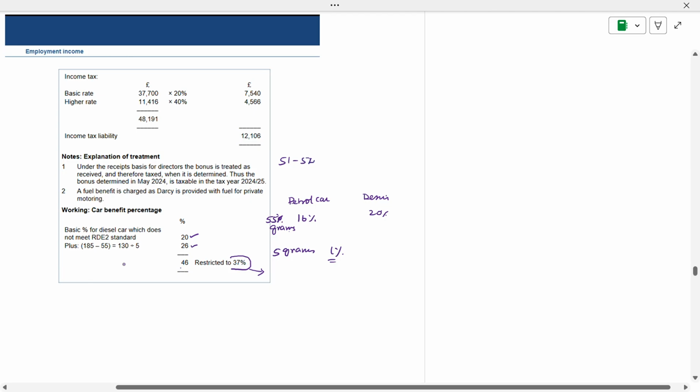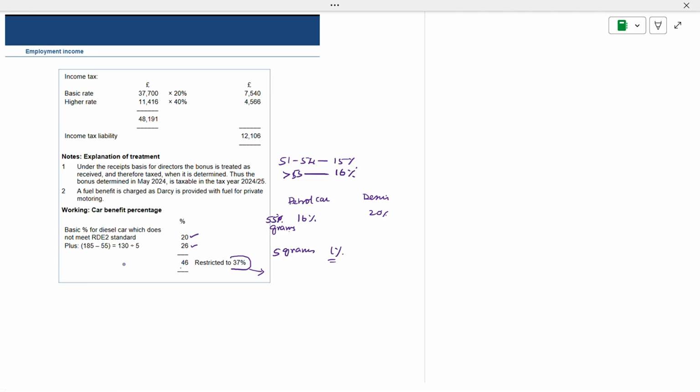And once we look for the RDE2 which does not meet the standard, that is only applicable for diesel fuel. So for that, you just need to add 4% to it, which won't be given in the formula sheet.